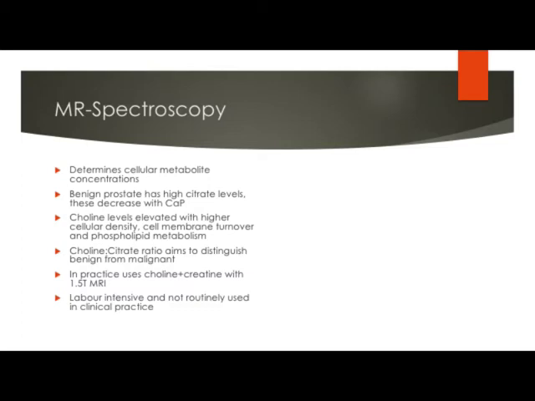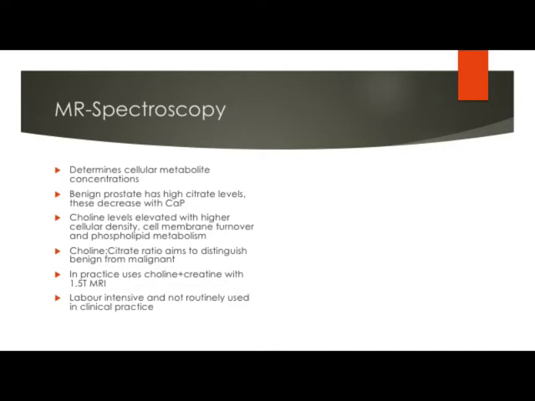Spectroscopy is not commonly used because, I understand, it's slightly tricky to do, but it looks at cellular metabolite concentrations. In benign prostate tissue, citrate levels are high, but relative to cancer these go down, whereas choline levels are higher in areas with high cellular density and cell membrane turnover, as well as those with phospholipid metabolism, so high in areas of potential prostate cancer.